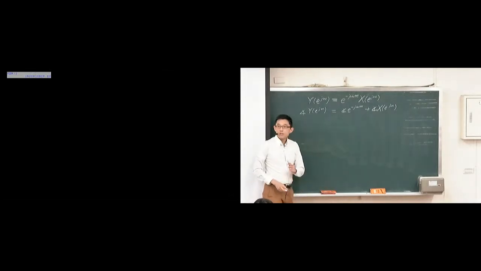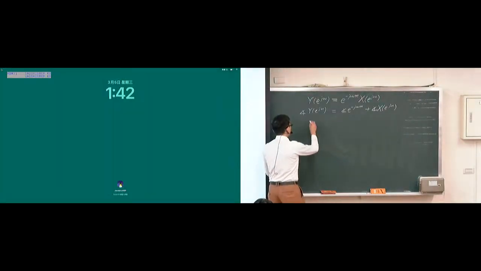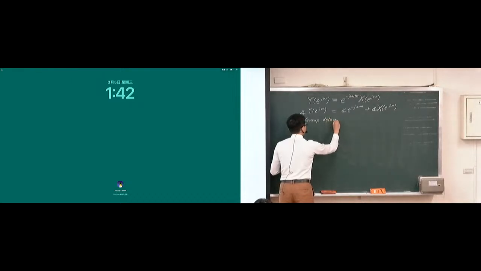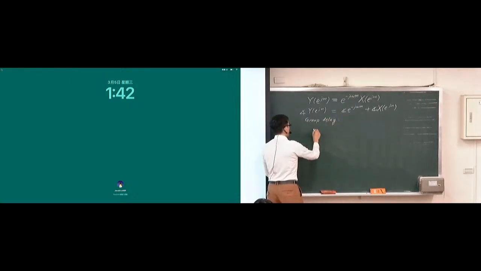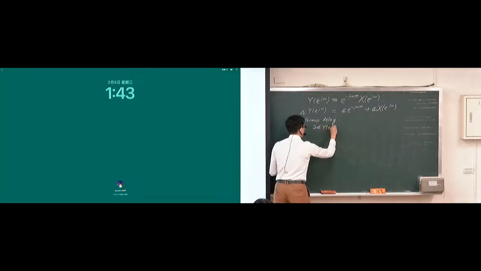But there is an interesting property called group delay. It's defined as follows: when we take the partial derivative of a phase spectrum with respect to frequency, and there's a minus sign, this quantity is called group delay.